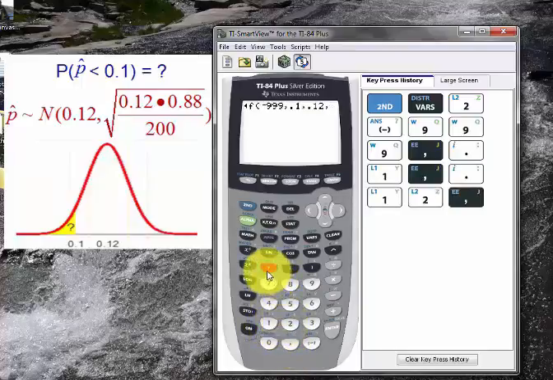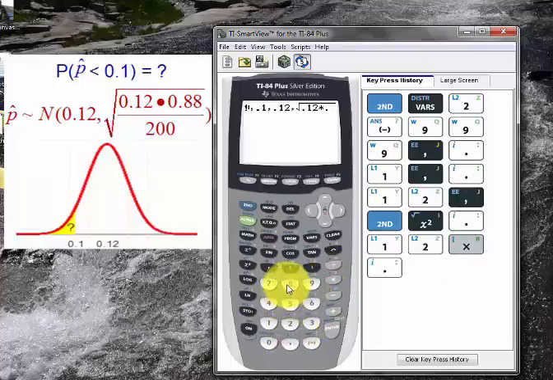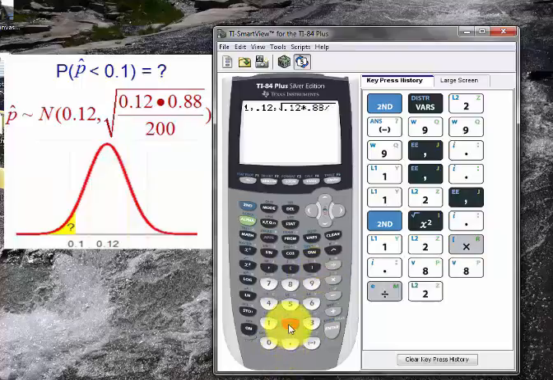comma, and now it's the square root, so second root, and then 0.12 times 0.88 divided by 200.